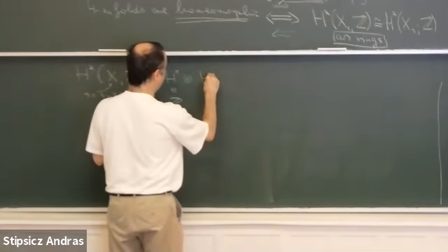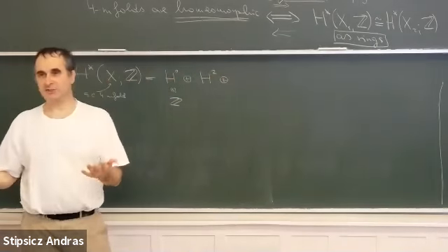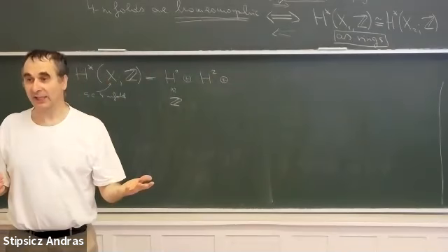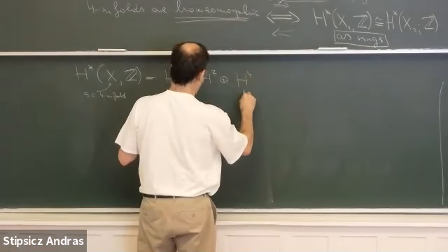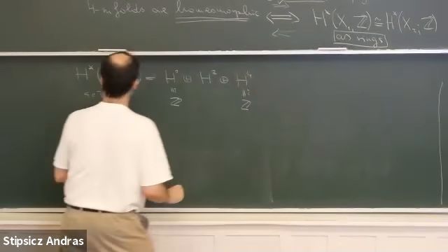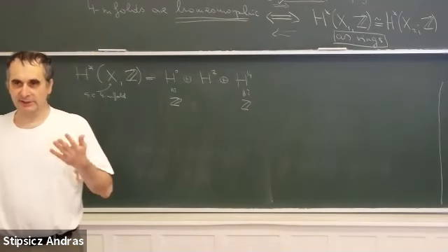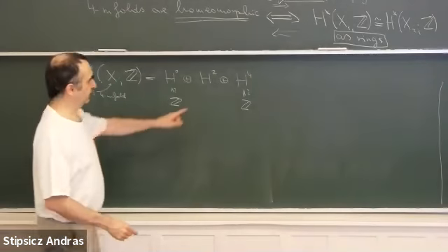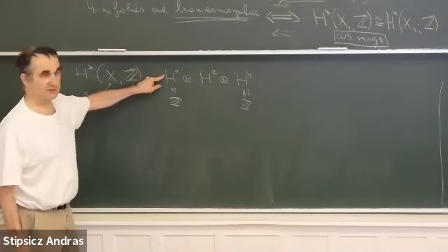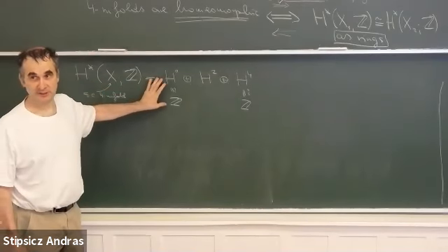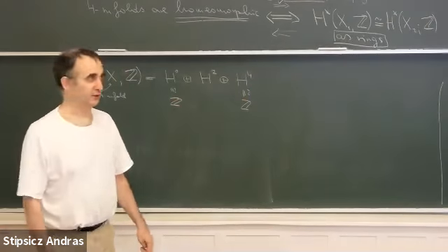We do have H2. Then we don't have H3, again, because H1 is 0, and there is Poincaré duality, so H3 is also 0, and we have H4, which is isomorphic to Z. And notice that we always assume that our objects are not only orientable, but indeed oriented, which means that we do have an identification of the fourth cohomology with Z, likewise the zeroth cohomology with Z. So these are fixed isomorphisms because of the orientation.